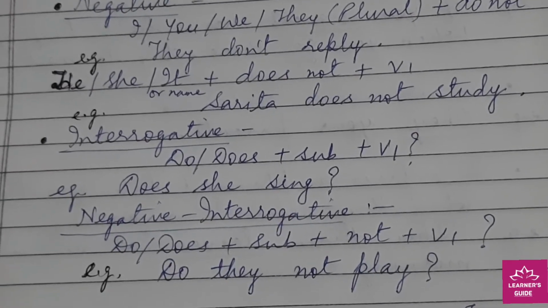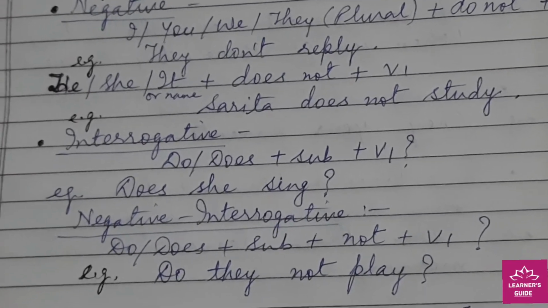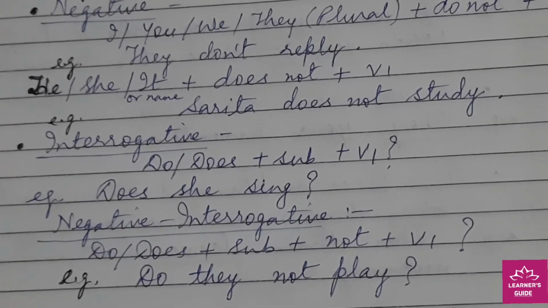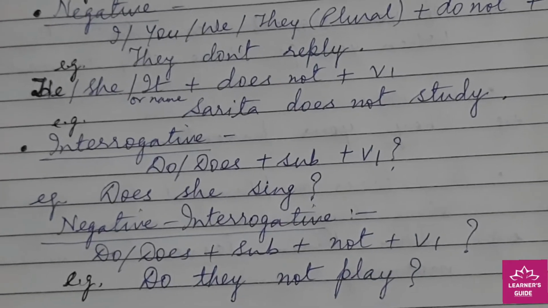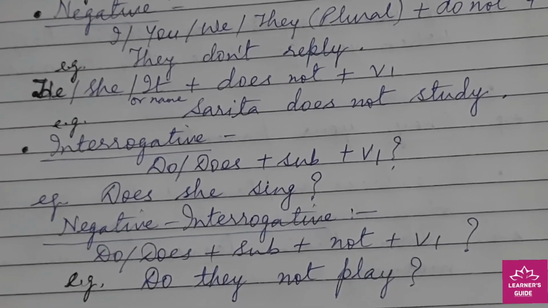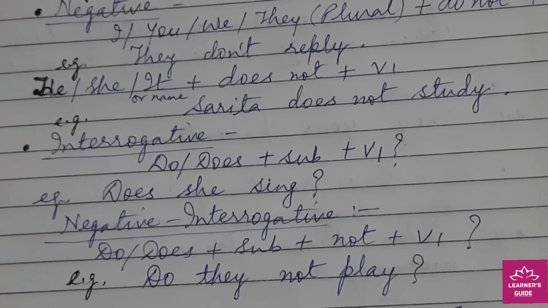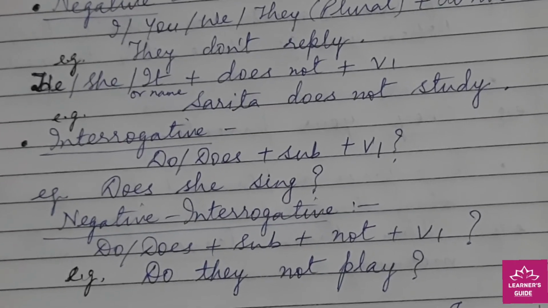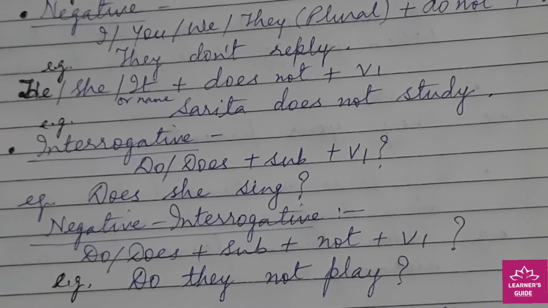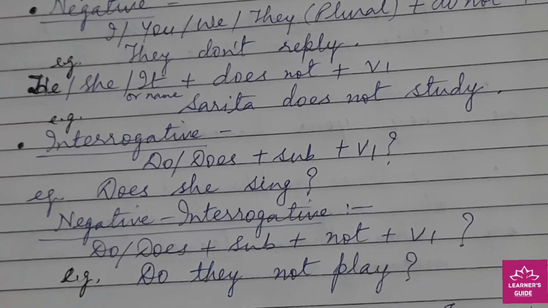And in negative interrogative sentences, what do we do? Negative interrogative sentence means we ask a question, but in that sentence we also use not. Means this is an interrogative sentence, but its sense is not positive, it is negative. That's why we call it negative interrogative sentences.